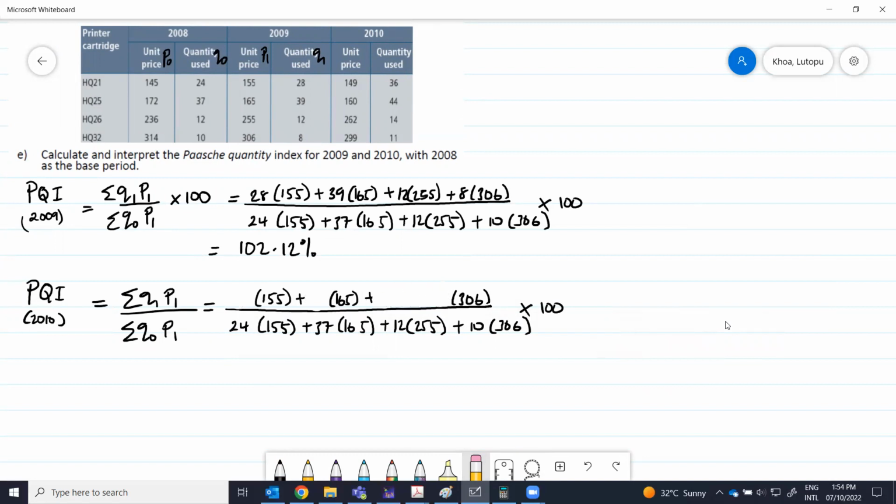I'll do that. And our P1 and Q1. So this is our P1, this is our Q1. So we're saying Q1 times P1. I have to do it all over again.